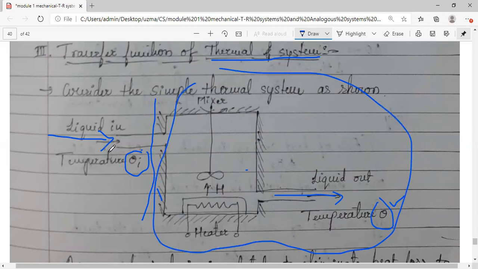After that, what is getting in? When you're supplying a liquid with a certain temperature, initially think that it has a certain maintained temperature. Initially, whatever liquid is in the tank has a certain temperature.